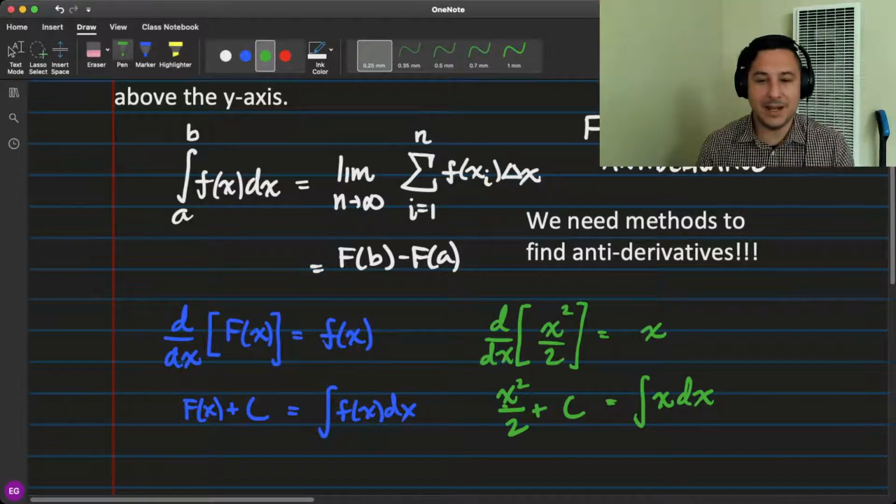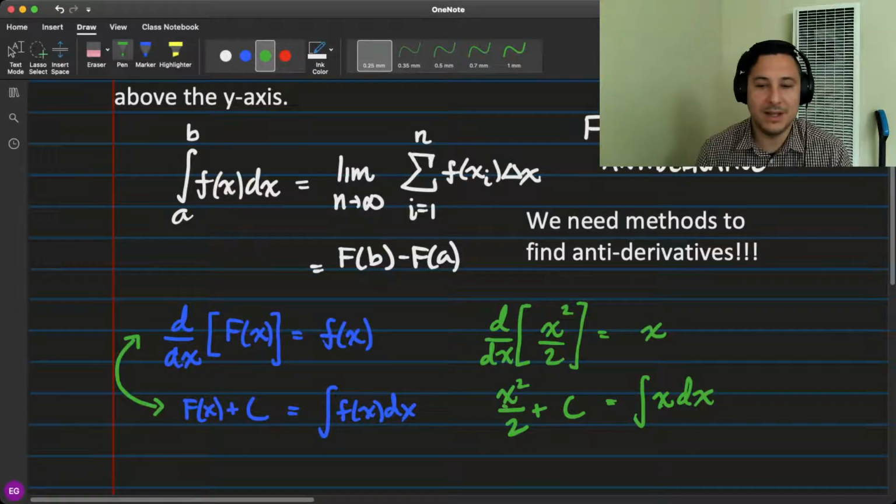So this gives you a formula to take a derivative statement and rewrite it into an integral statement. If the derivative of this thing equals that thing, then the antiderivative of that one equals this one.